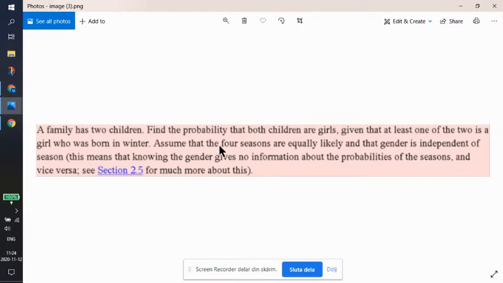We're assuming that births during any one of the four seasons are equally likely, and that gender is independent of season. That means that boy and girl are equally likely, and that it's equally likely in all four seasons.